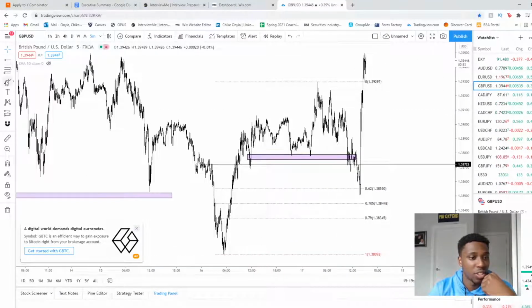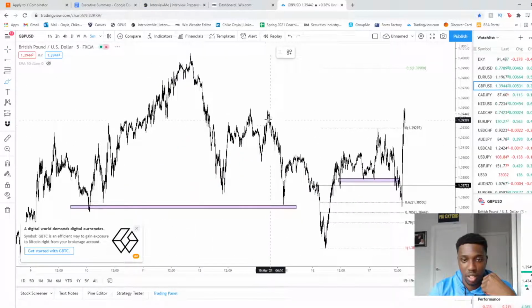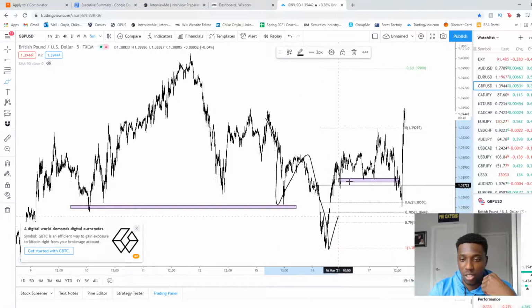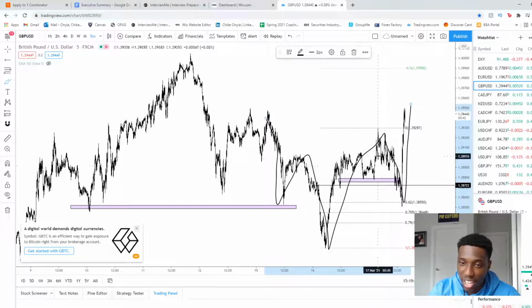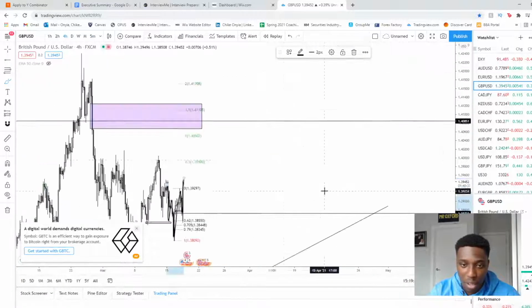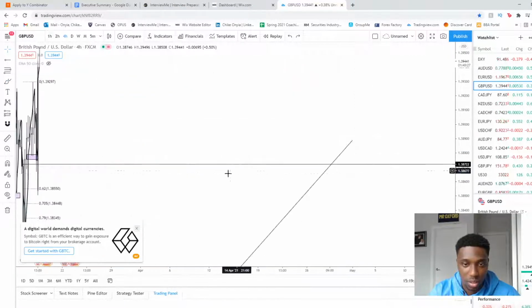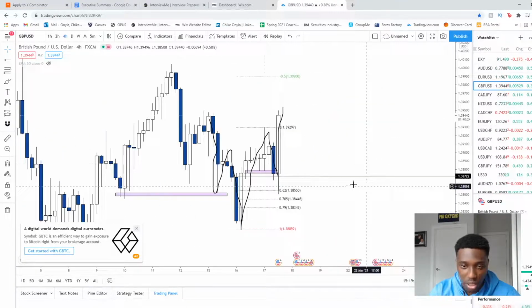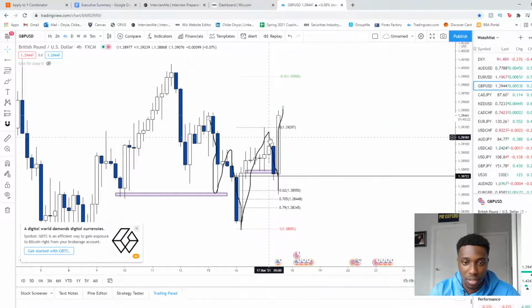Let me draw that head and shoulders again so you guys understand. Within this head and shoulders, you see that it's about to create another shoulder right here. And so you draw from this low to this high. You can see that 62 level lines up pretty well with that 4-hour order block that we had. It lines up pretty well.